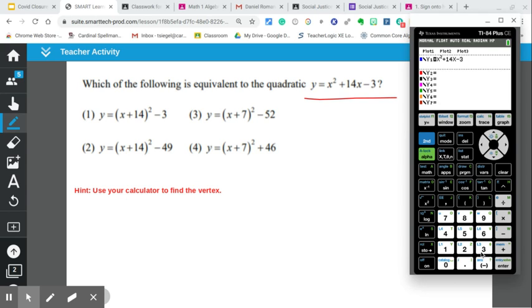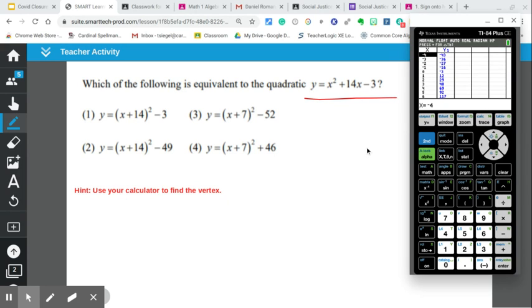Okay, now I have to find the vertex again. You can graph it and try to find it, then you have to do a second function, zoom, 0, and it's a mess. But what you can do is go to the table.